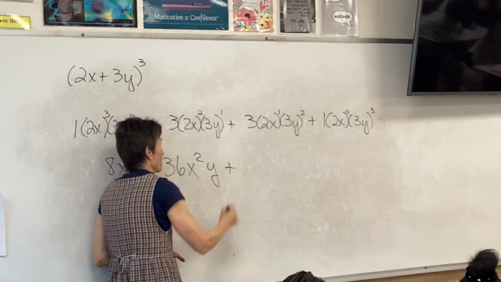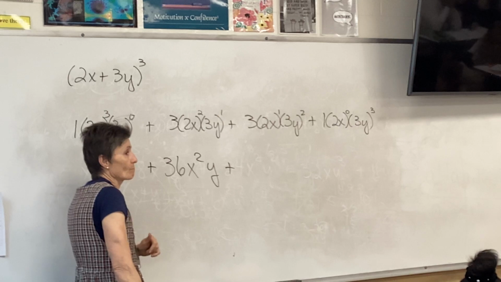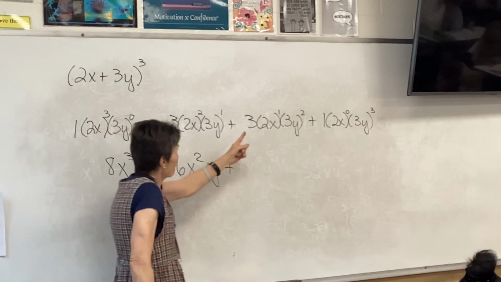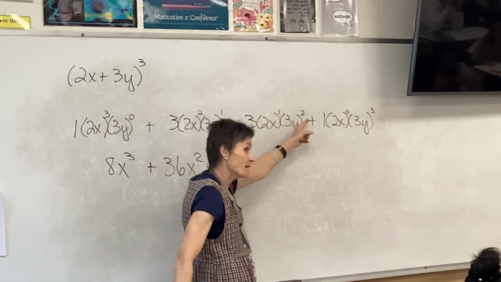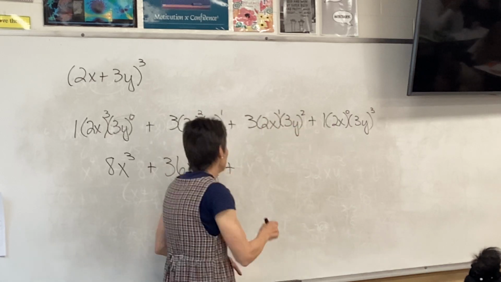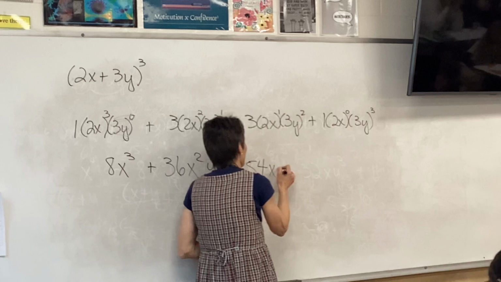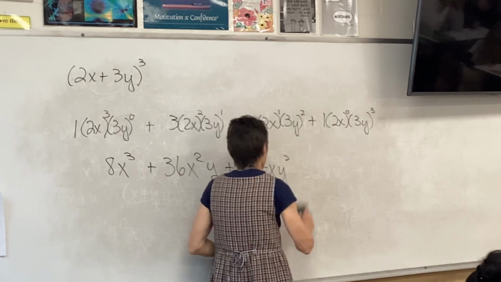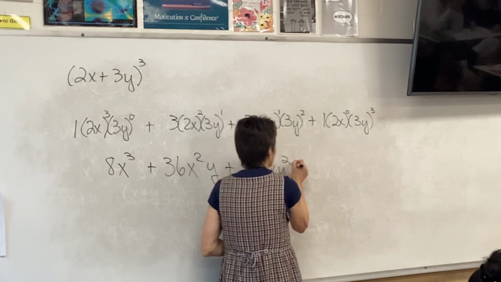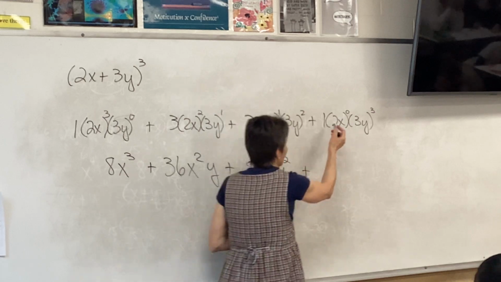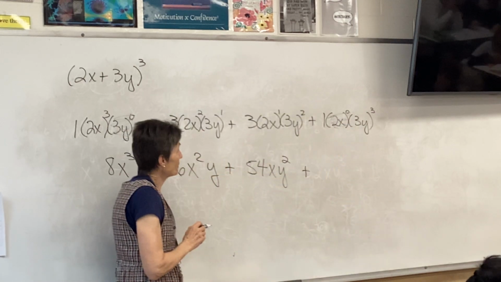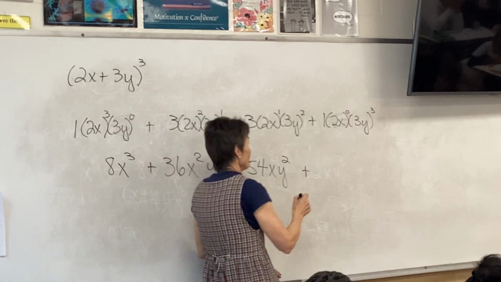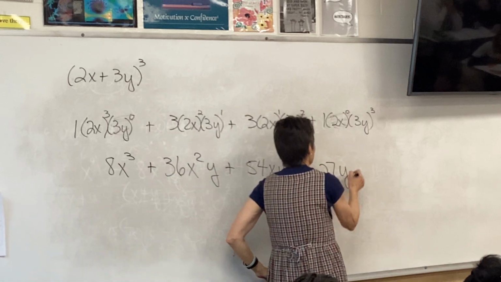Beautiful. Three times 2 times 9. 54 x y squared. And on the end, again, don't let this confuse you, it's to the 0, not there. So that's gonna be what? 27 y cubed.